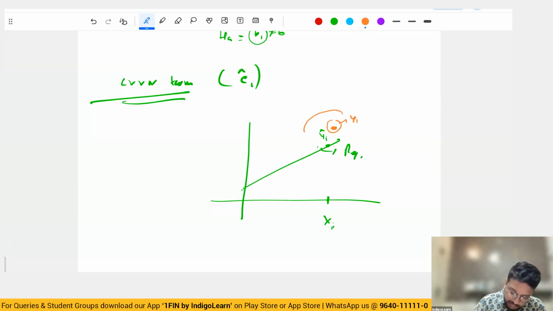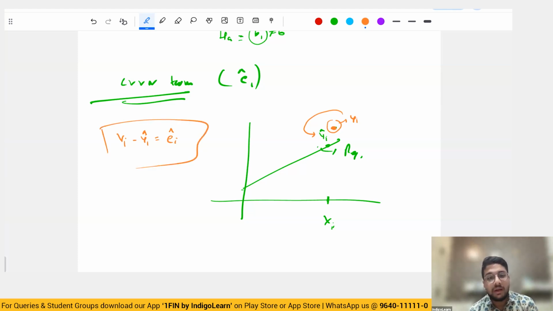Now the difference between yi minus yi naught is basically what? My error, right? Error or the residual. So basically, the residual is only the difference between the actual value and the value predicted using the regression model, right?